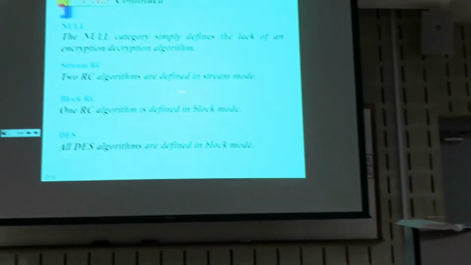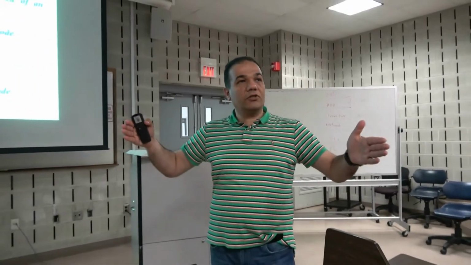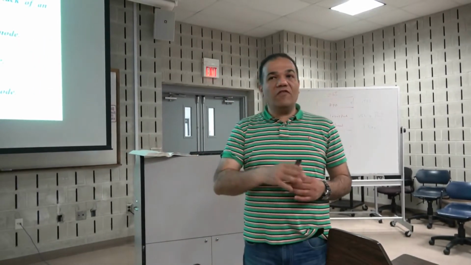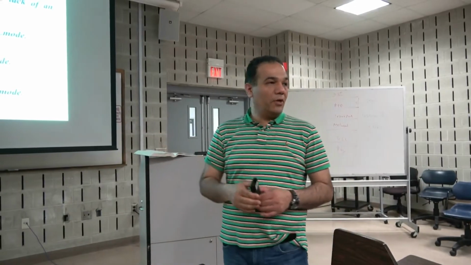Two RC algorithms are defined in the stream mode, and there is a block. You know what's the difference between a block and a stream? We explained that, right? With block encryption, we divide the data into blocks. Stream is on the fly, so we encrypt exactly bit by bit or byte by byte.